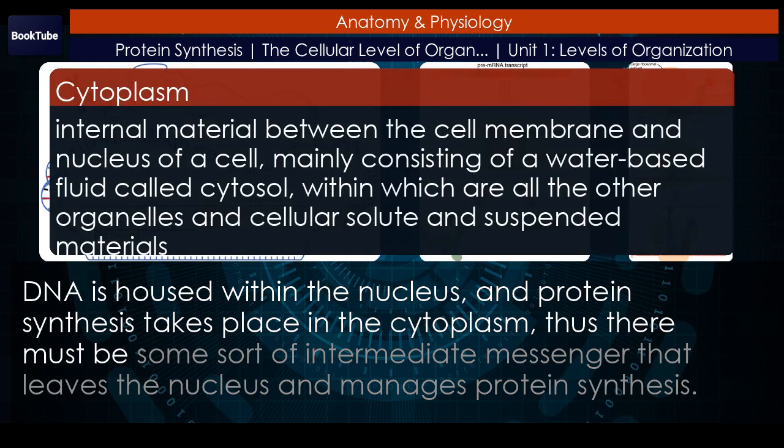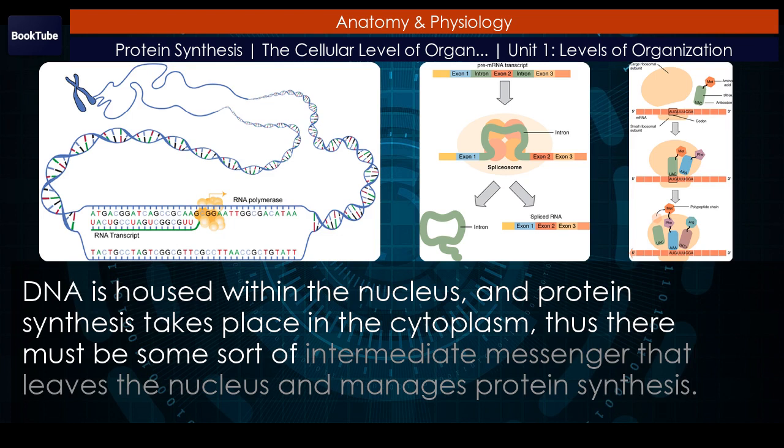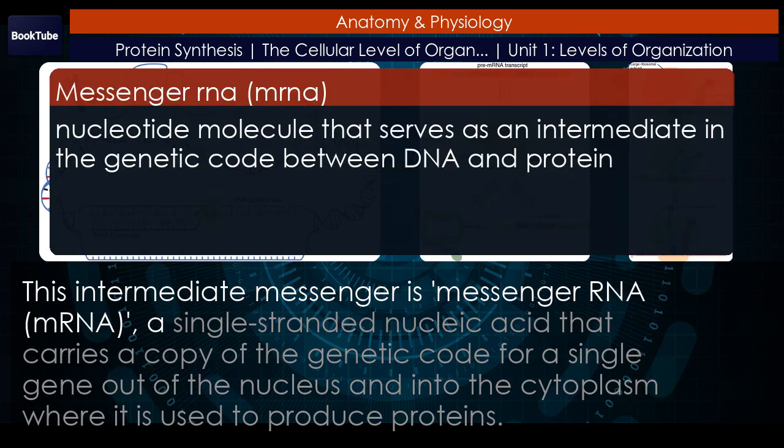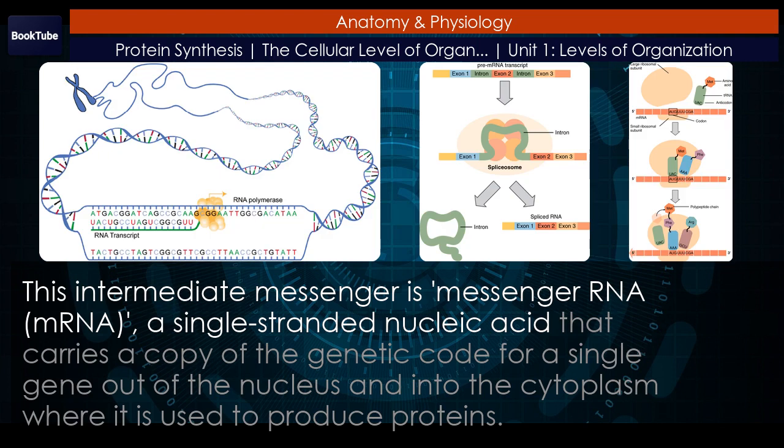Thus there must be some sort of intermediate messenger that leaves the nucleus and manages protein synthesis. This intermediate messenger is messenger RNA, mRNA. A single-stranded nucleic acid that carries a copy of the genetic code for a single gene out of the nucleus and into the cytoplasm, where it is used to produce proteins.